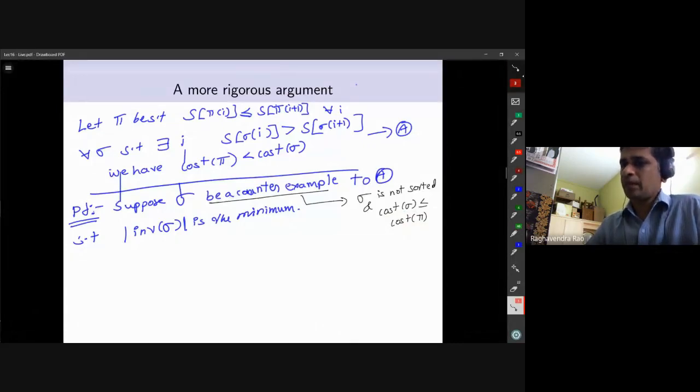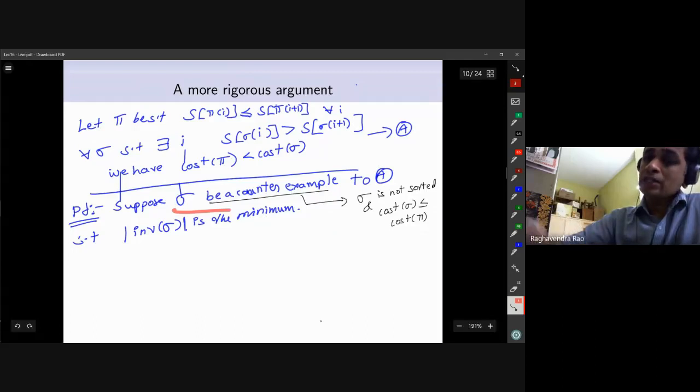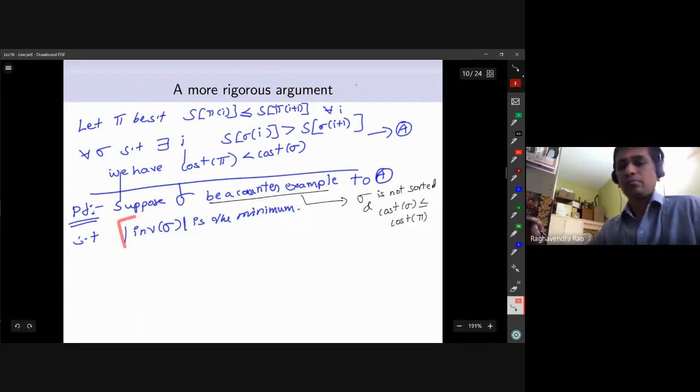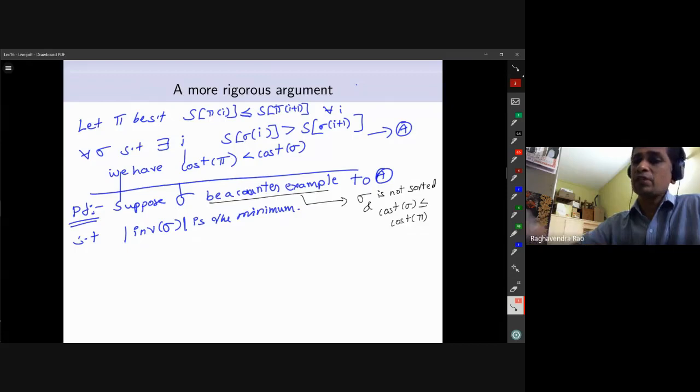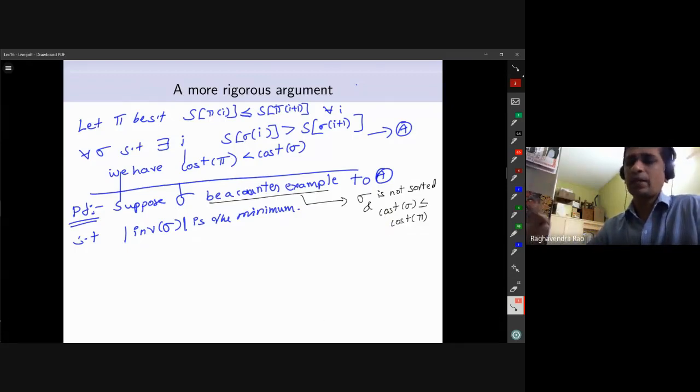It could be strictly less than also. But among all such sigma, we'll take the one which minimizes the number of inversions, breaking ties arbitrarily. There could be multiple permutations with the same number of inversions which satisfy this condition. We'll take one arbitrarily. It does not matter.